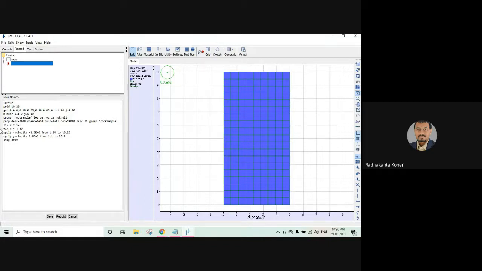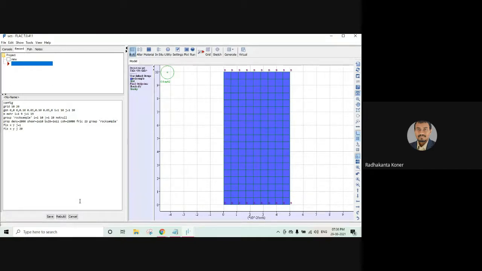What do we do next? Next we have to do the uniaxial compressive strength test. In a uniaxial compressive strength test, we put the sample on the floor of the machine, and that floor is fixed.